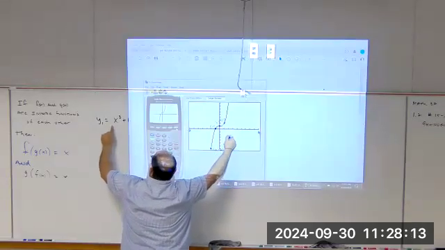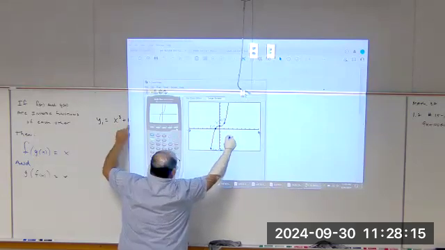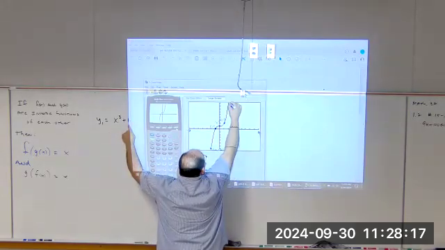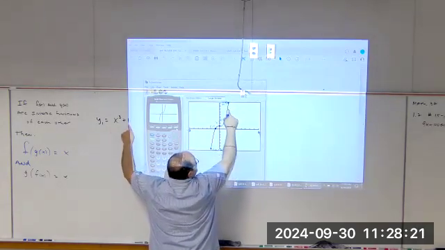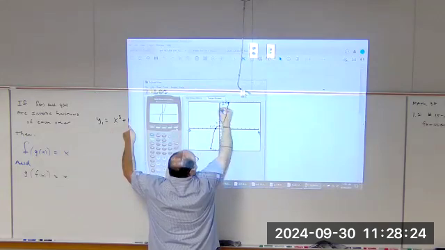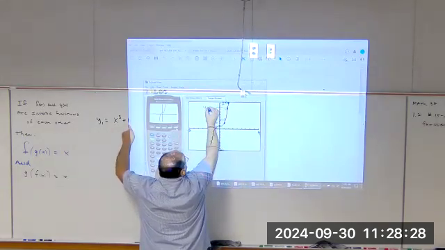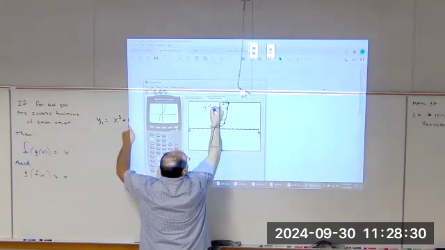And then we plug in 2. 2 to the third is 8. 8 plus 1 is 9. We get way up here, we're at 2, 9. And those are the ordered pairs for this first function, y sub 1 is equal to x to the third plus 1.